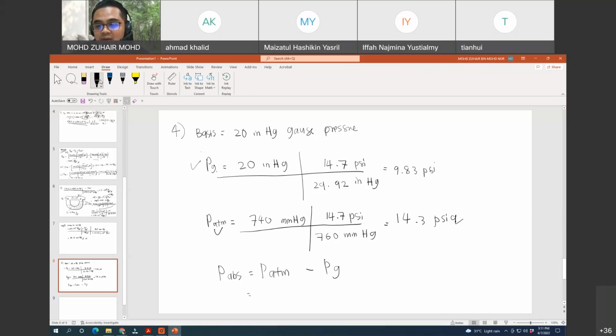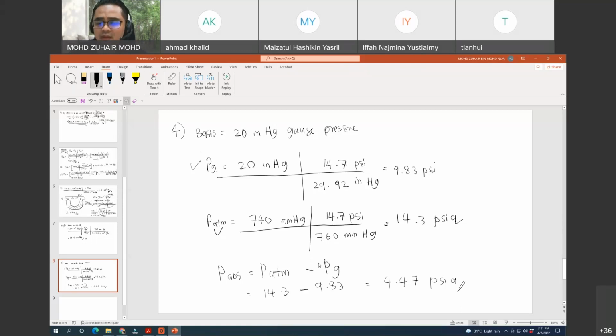So what we have here is 14.3 minus 9.83 psi. And so the final answer will be 4.47 psia. So this is the final answer.